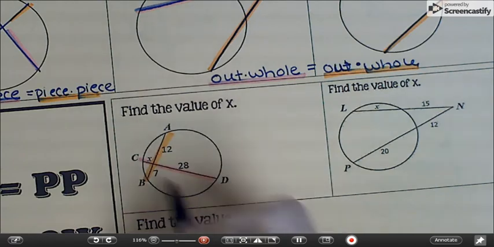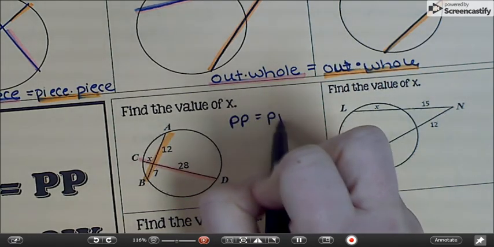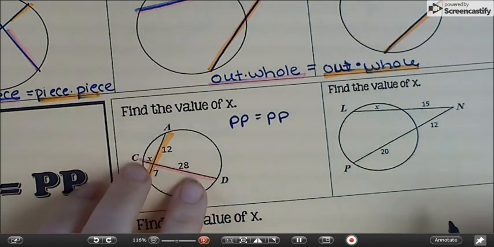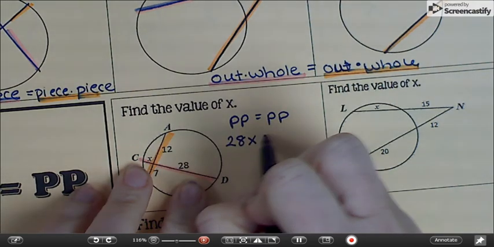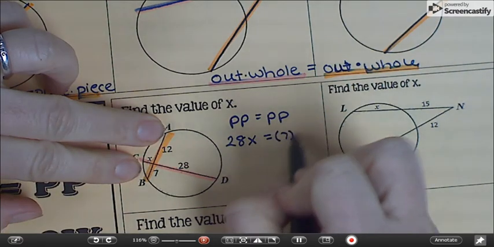All right, so this is inside. So we're going to use PP equals PP. Piece times piece equals piece times piece. We can do either orange or pink first, but I'm going to do pink. We have x and 28, so 28 times x equals, and then you do the other one, 7 times 12.